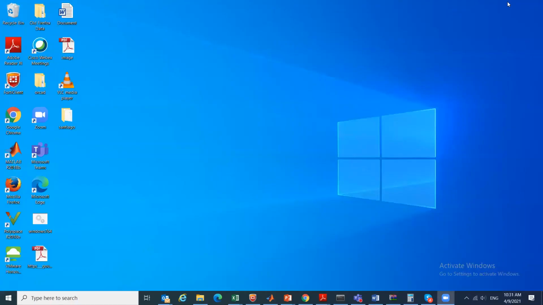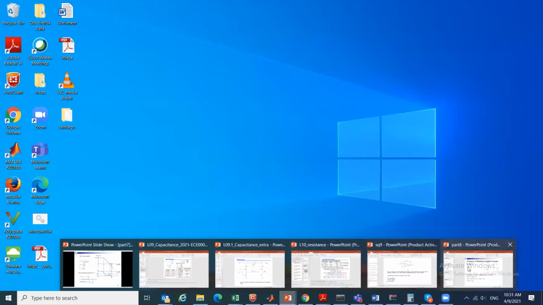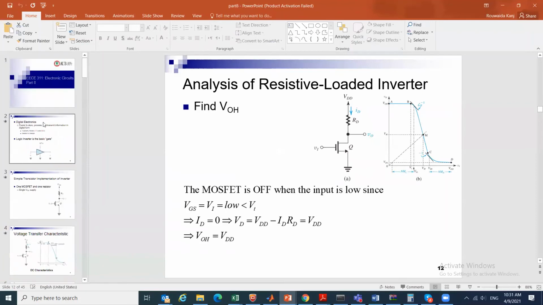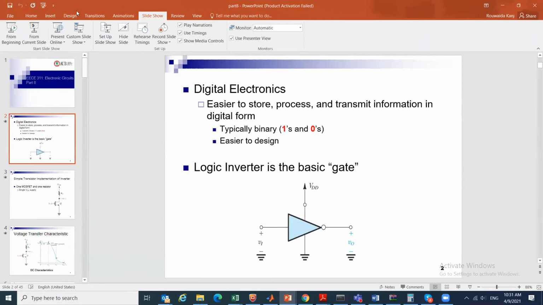Parts 8 and 9 are basically repetition with a slight advancement of what you have learned in 310 about the inverter. They are very important because it's quite a new topic, but typically, as you see in the previous finals, there is a good amount of questions on these parts, 6-7 questions typically, and they are easy if you just get the concept.